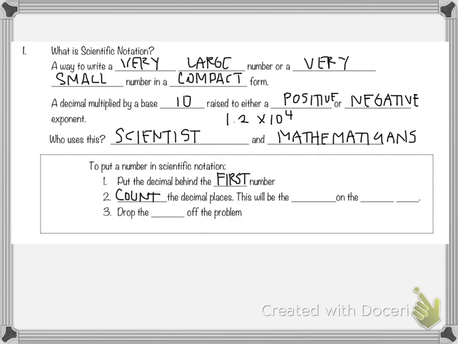Whatever you count will be your exponent on that base 10. Then you're going to drop off all the zeros.